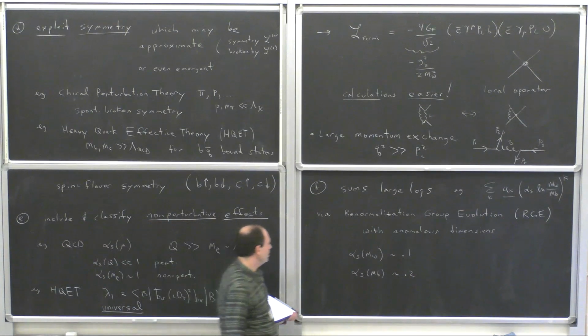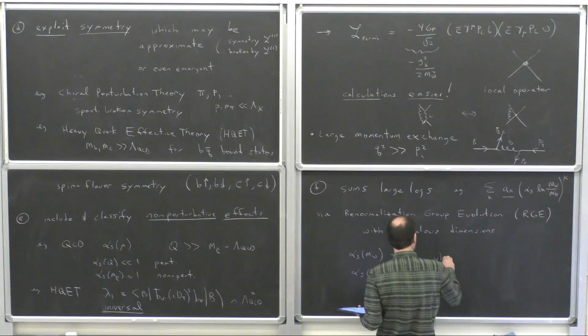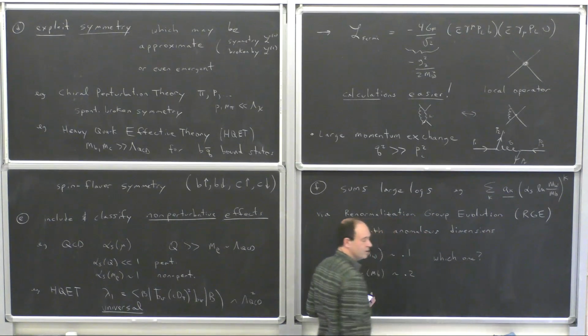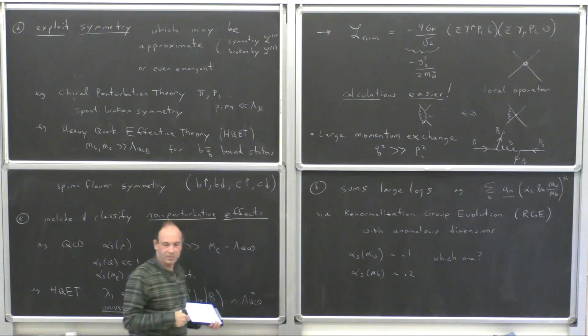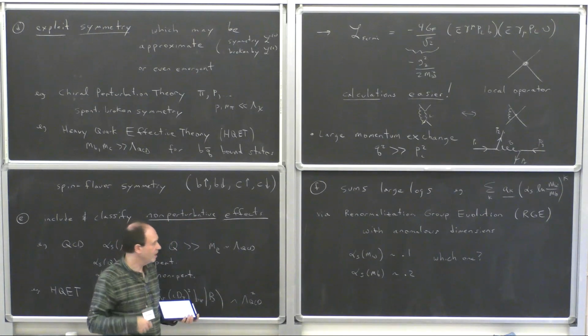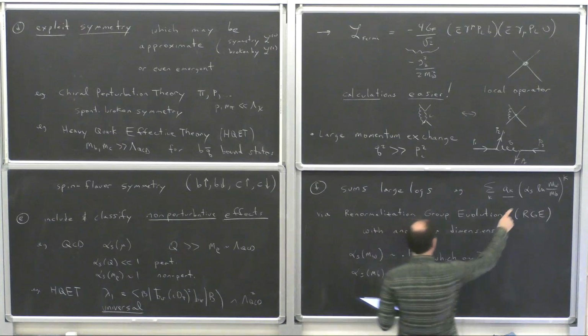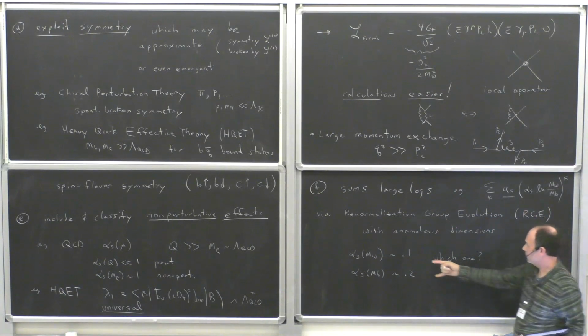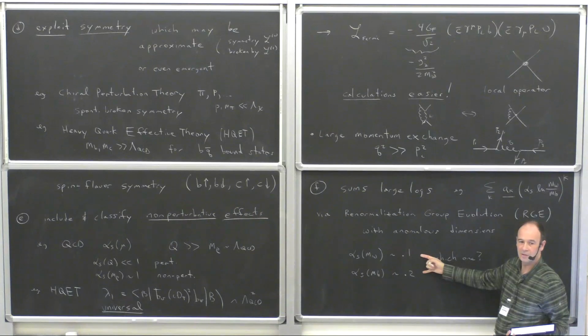So which one should I be expanding in? And that question, the question of which one, is answered by doing this procedure. It tells you precisely which one you should be expanding in, because the difference in expanding in one versus the other is exactly a series of this sort. So if you have these series under control, you also have the answer to this question under control.